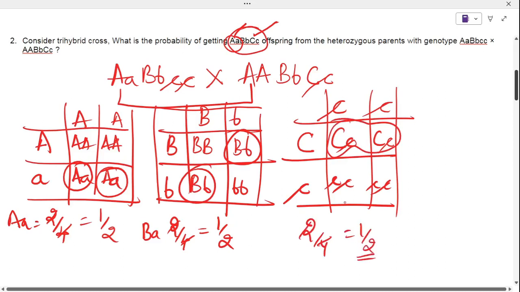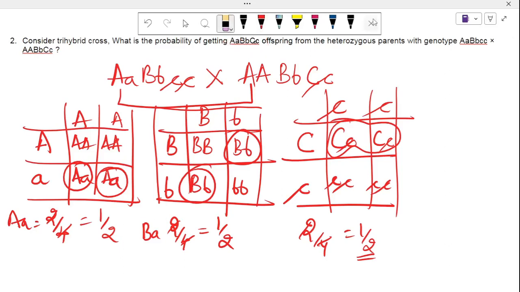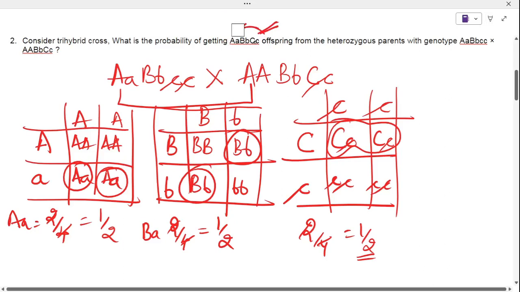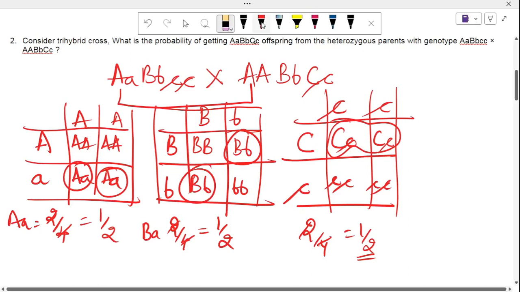So, the total probability of getting these offspring from these parents, I will once again rub it out to clear this genotype here.